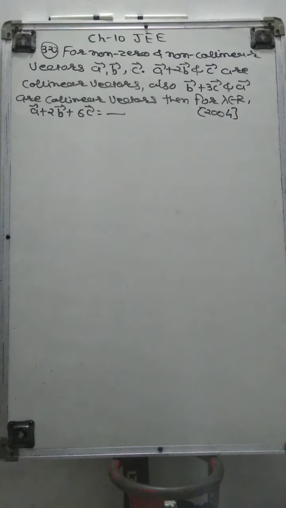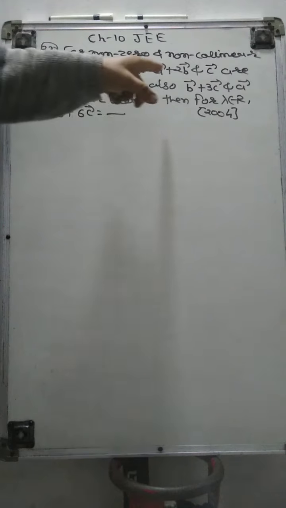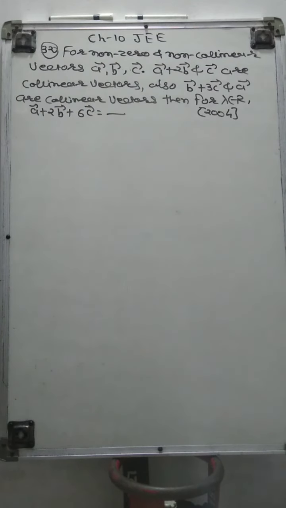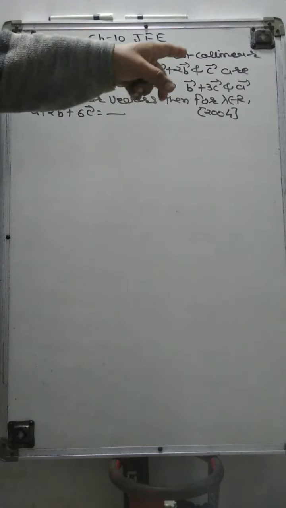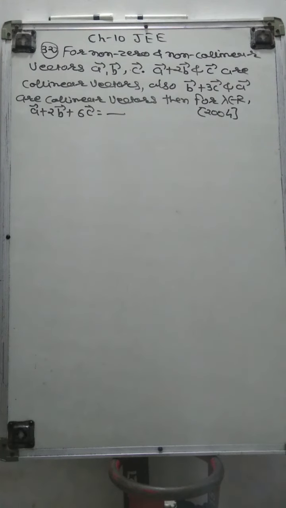For non-zero non-collinear vectors a bar, b bar, c bar, a bar plus 2b bar and c bar are collinear, and b bar plus 3c bar and a bar are also collinear. Then for any lambda belonging to R, means any constant, a bar plus 2b bar plus 6c bar is equal to dash.